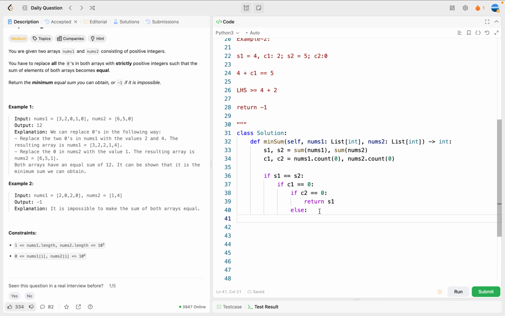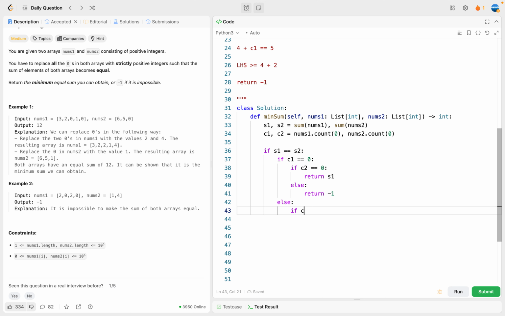Else, if C2 is not 0, as long as you have a zero element, you need to replace it with a strictly positive integer. Therefore, these two cannot be the same, so we return -1. That is for C1 equals 0. Otherwise, if C1 is not 0, symmetrically, if C2 is 0, we return -1.